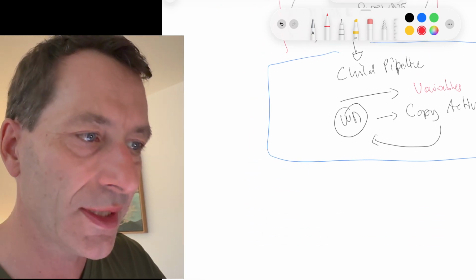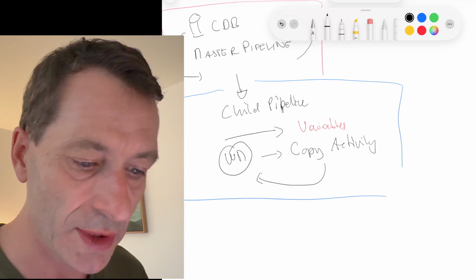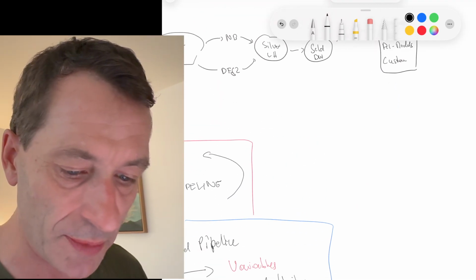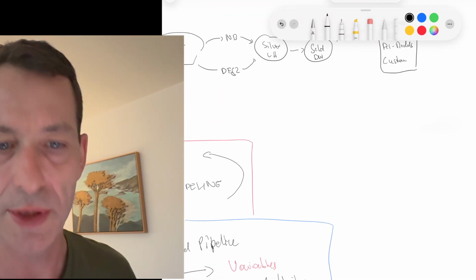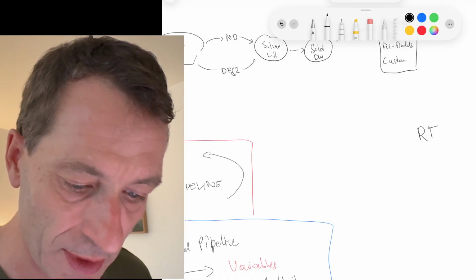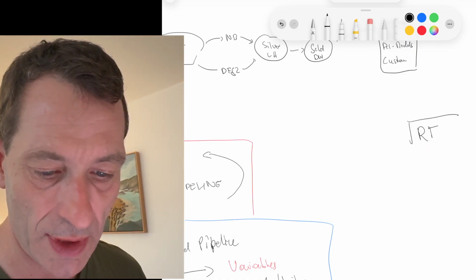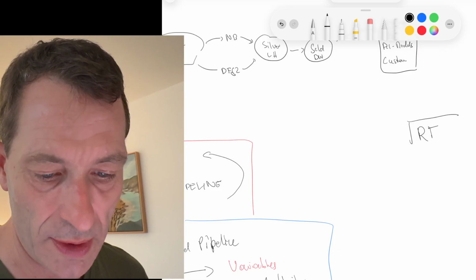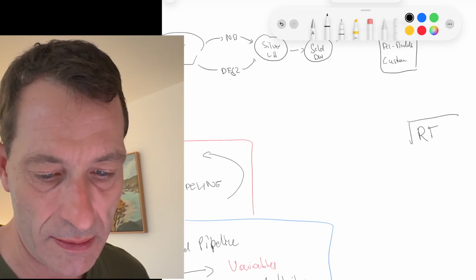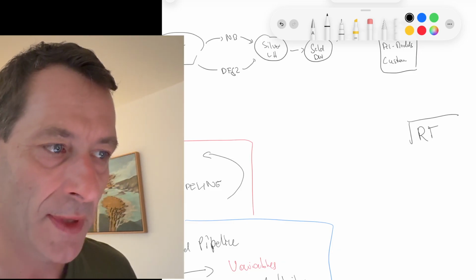You have a little bit different situation in real time, and I think it might be worth that we have a short look at real time. So when you have real time, you have real time data sources. There we go.